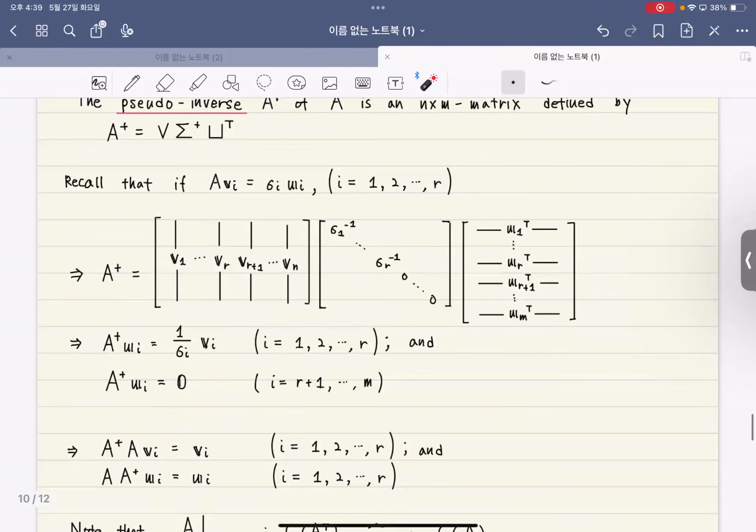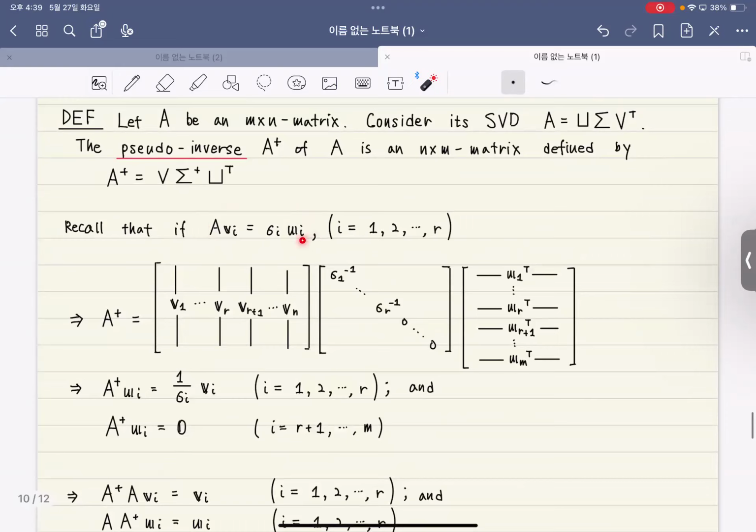Okay, so what is the point of the pseudo inverse? Well, this relation was the key relation for the singular value decomposition.